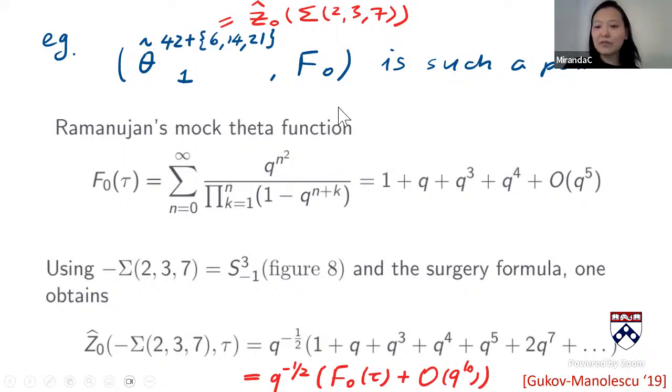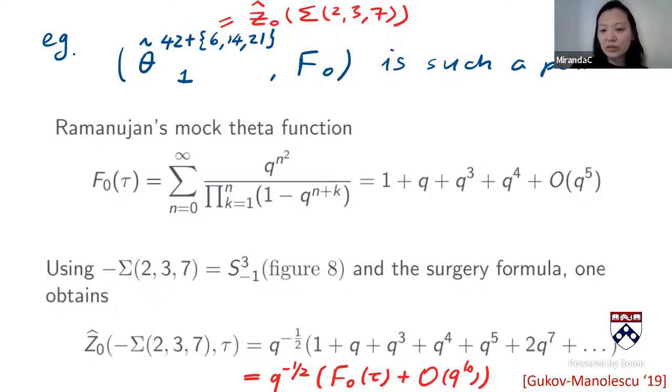Okay, so we have an example of a pair. And very nicely, Gukov and Manolescu, in their paper, using their invented surgery formula, had a completely different way to compute the Z-hat invariants for this flipped orientation manifold, for which the plumbing definition is not available.